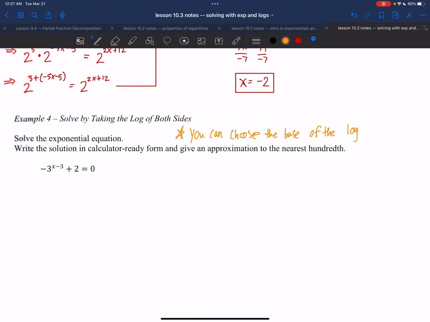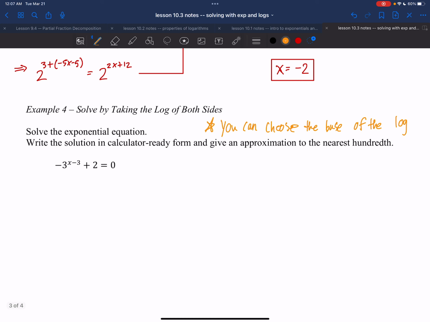You're going to take the log of both sides the same way you take square root. So like if I had 3 to the x equals 4, and I said square root of this, square root of that, right? I'm going to do the exact same thing by doing log of 3 to the x equals log of 4, right? It's like I'm applying the log as an operation to both sides. That was what it means to take the log.